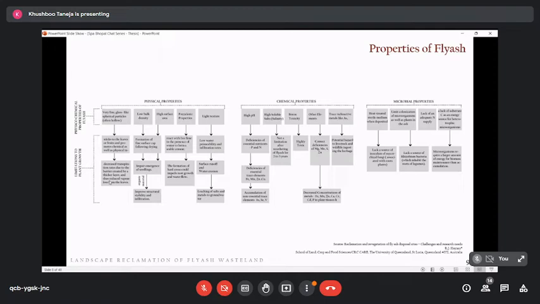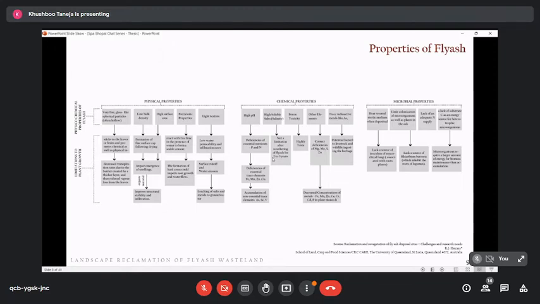For example, talking about chemical properties, the material has a high pH, and this leads to deficiencies of nitrogen in the soil, and we know how important that is for the growth of plants.